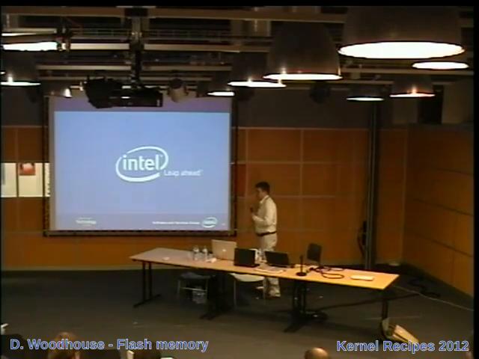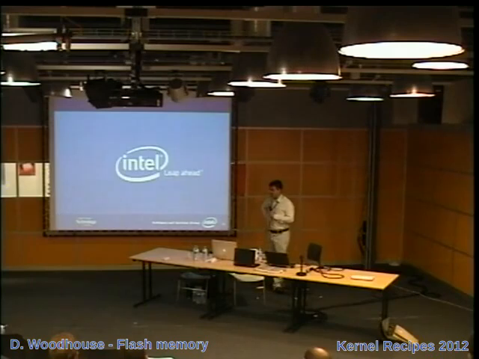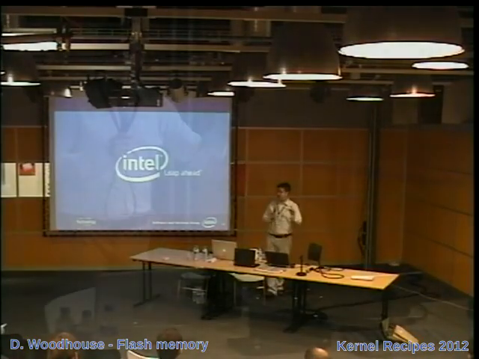JFFS2 I wrote about 10, 11 years ago in the days of 16 meg of NOR flash. We retrofitted NAND flash support to it with a write buffer. JFFS2 was purely log structured. As something comes in, you write out this change, this change, this change.